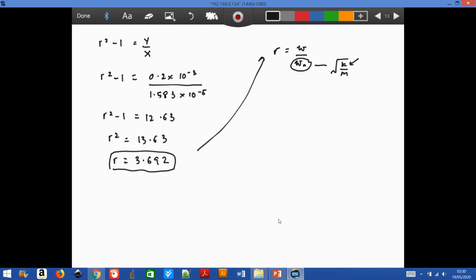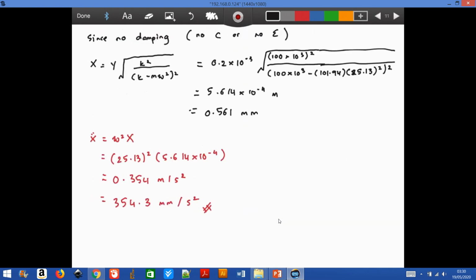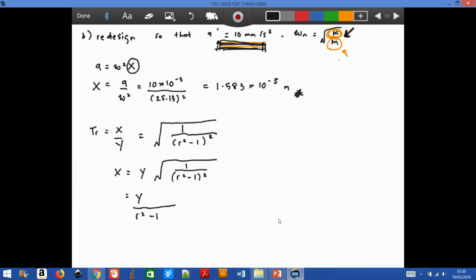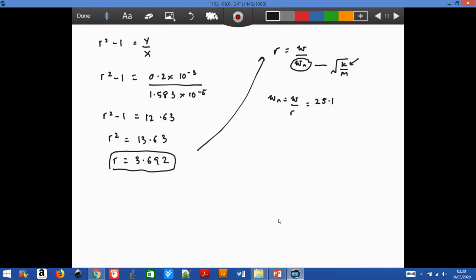So from here, omega n is omega over r, where omega is 25.13 radian per second. So 25.13 over 3.692. So we get the new natural frequency, which is 6.807 radian per second.